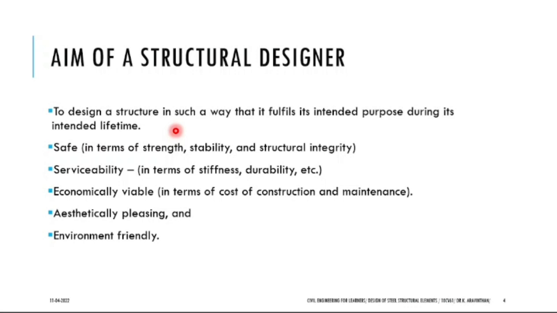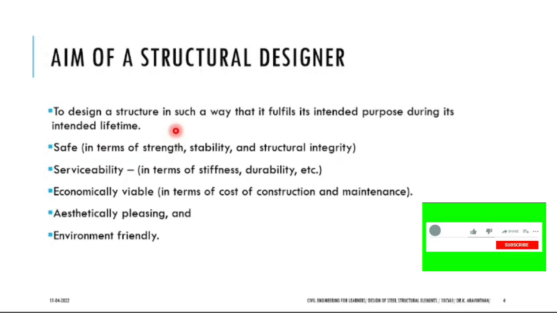Why? Because you have to know certain things before the design. For example, if you are designing a classroom, there will be guidelines. If you are constructing a college building, you will have norms. If it comes under an engineering college, AICTE and UGC will give norms.